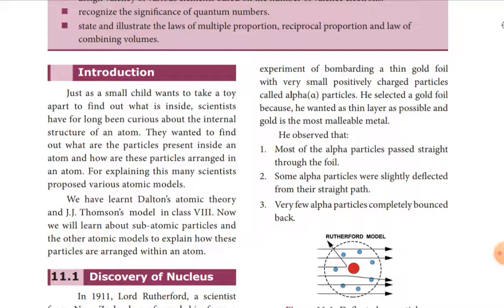Third, surprisingly, very few alpha particles completely bounced back, that is, 1 out of every 12,000 particles appeared in rebound. These are the observations made in the gold foil experiment by Rutherford.